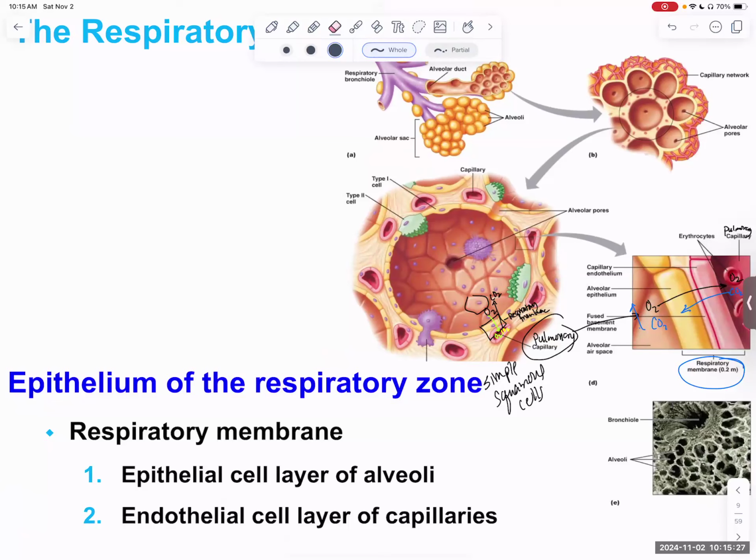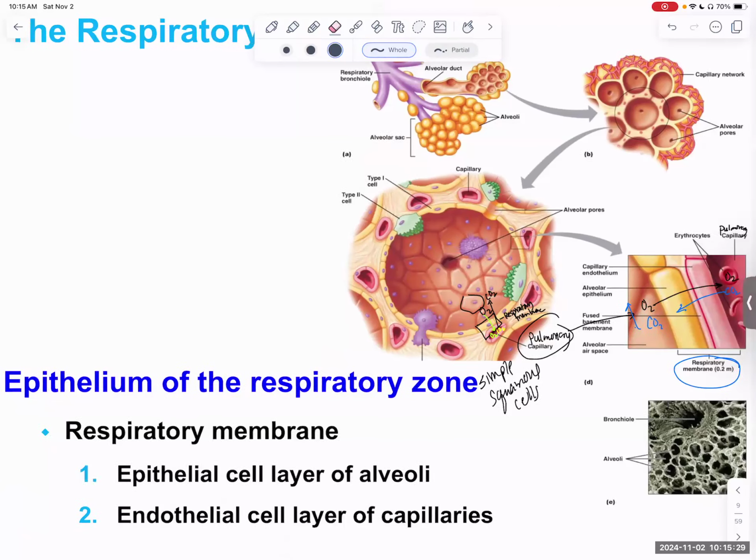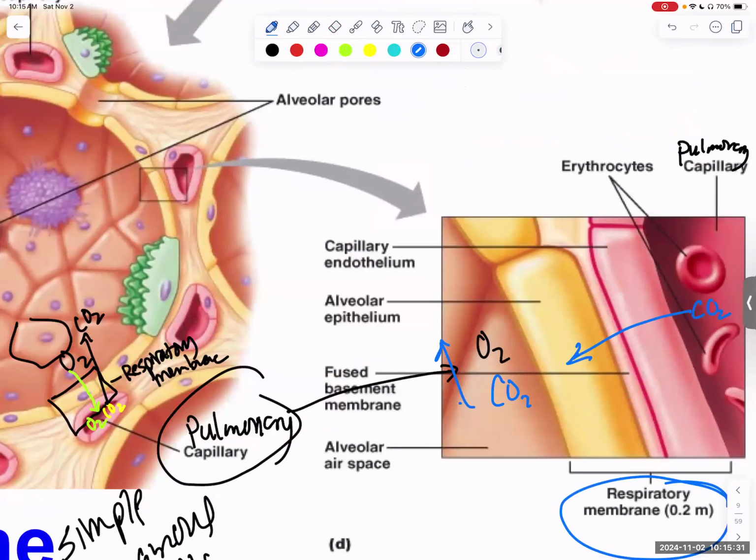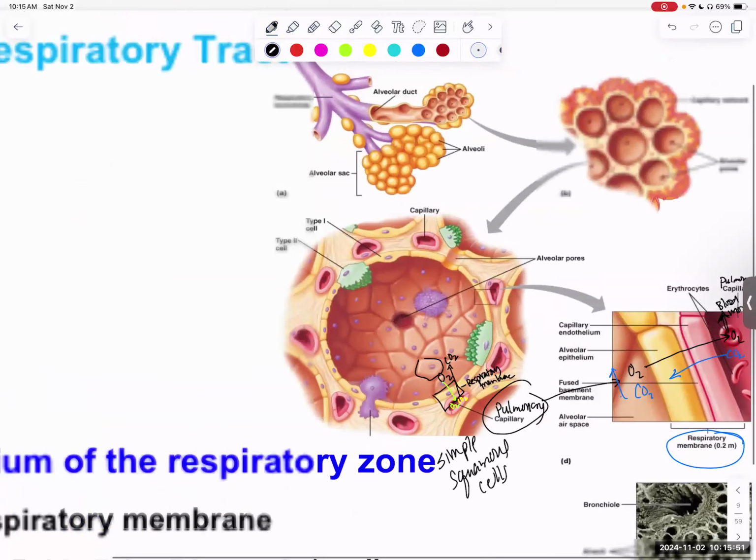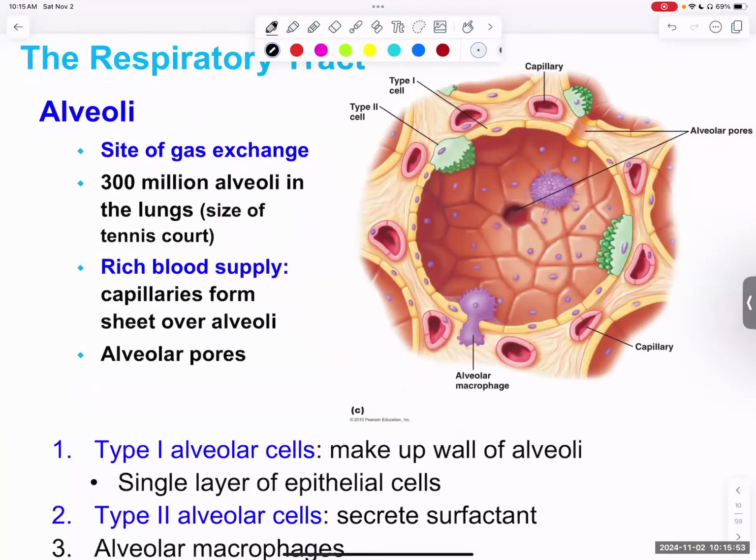So we can have quick diffusion of gases, because this little red blood cell is moving. And that red blood cell is moving because the blood is moving. And so that's supposed to be moving. So as this red blood cell is moving, oxygen has to quickly load onto the red blood cell as it moves through the pulmonary circuit. So respiratory membrane is very thin for quick gas diffusion.